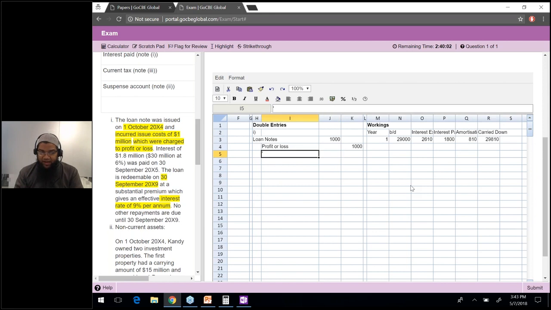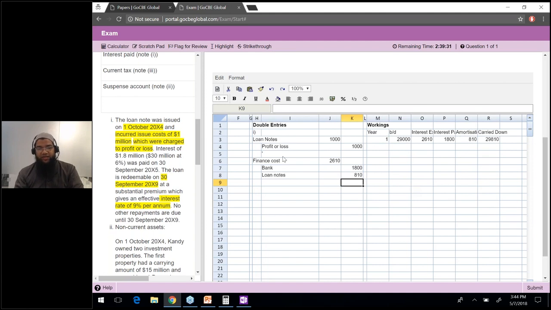Now I'm writing an accounting entry as finance cost debit, bank credit, and the loan notes credit. By what amount? Finance cost debit by 2,610, bank credit by 1,800, and financial liability credit by 810.